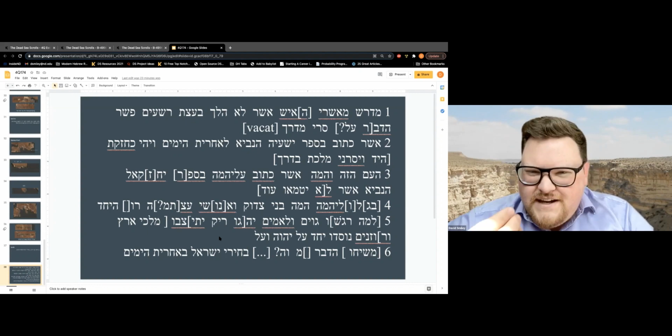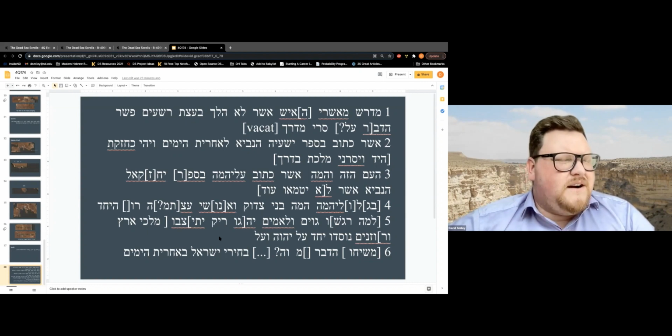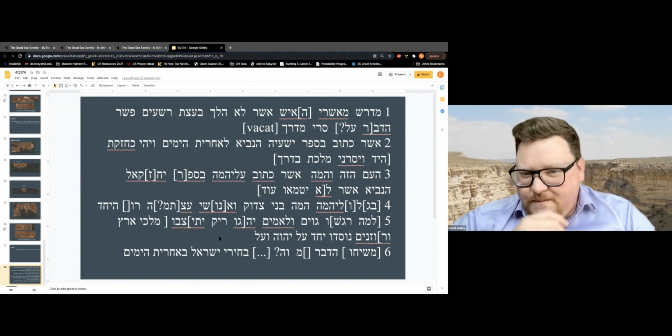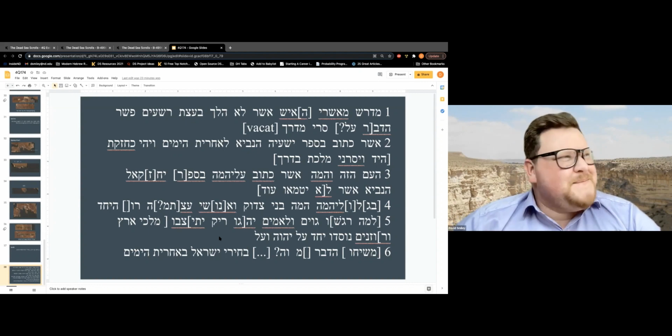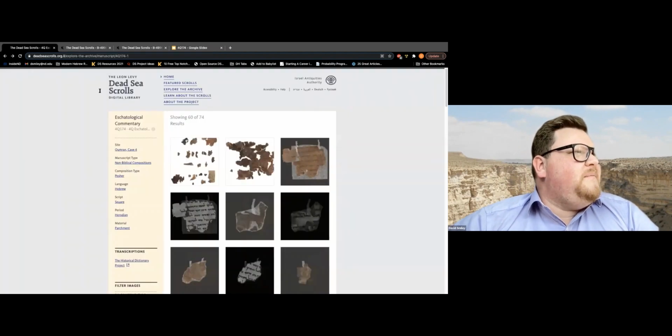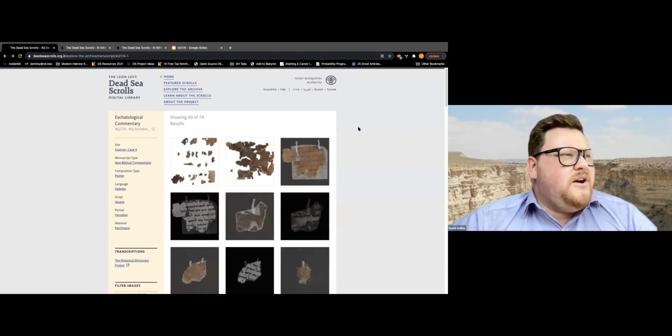But to actually get into the manuscripts themselves, to see how the scribes are processing these texts, it takes a lot more time, it takes a lot of practice, but I hope it was worth your afternoon. But you can access these scrolls through the Dead Sea Scrolls digital library. It's free and open.